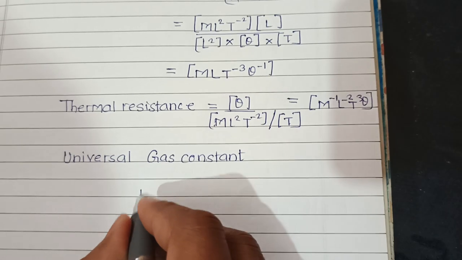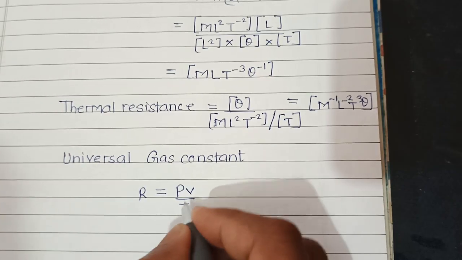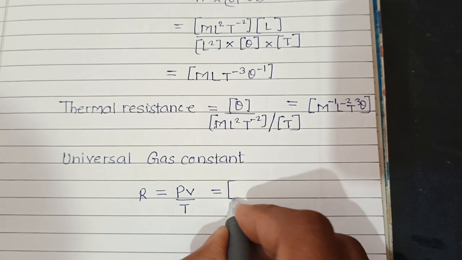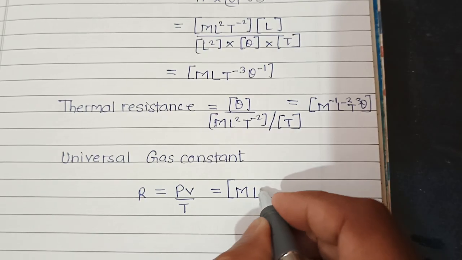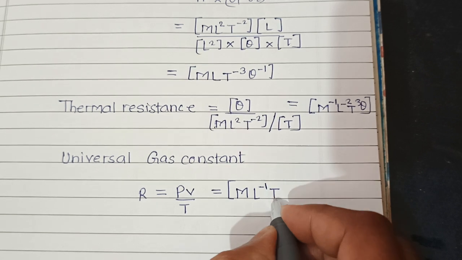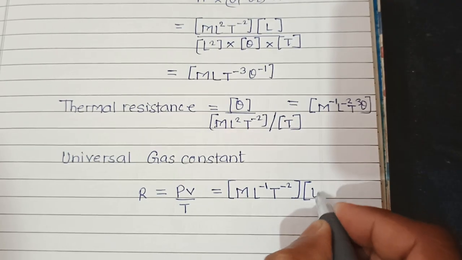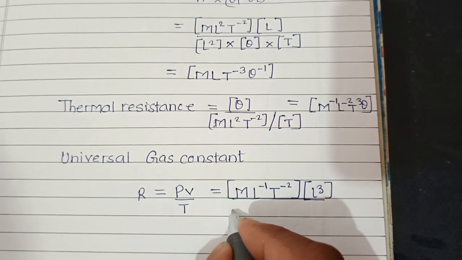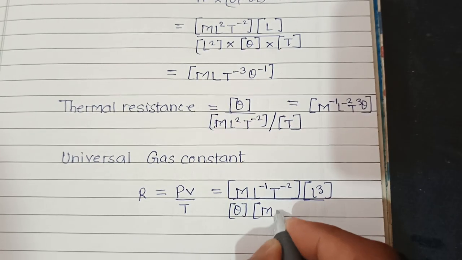So R is equal to PV by T. So P is M L minus 1 T minus 2, V is L cube, and T is theta and mole.